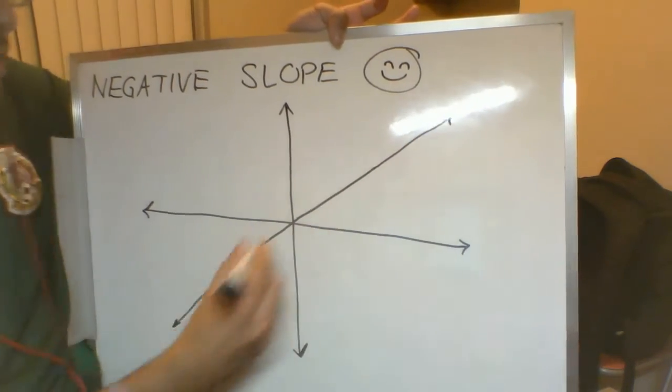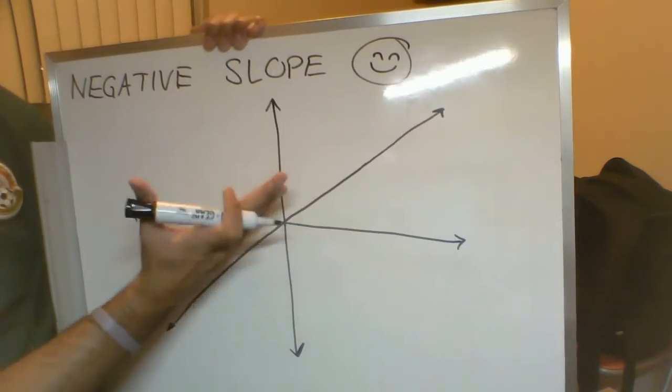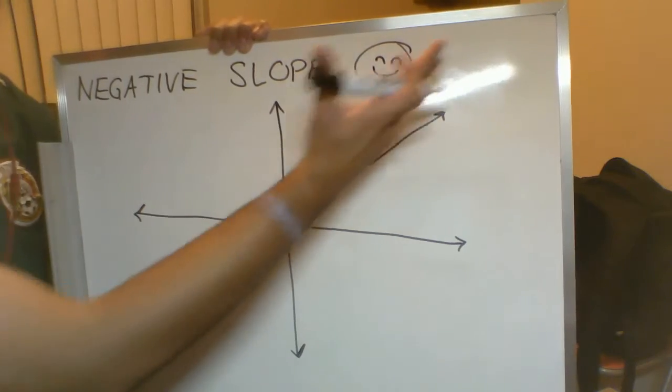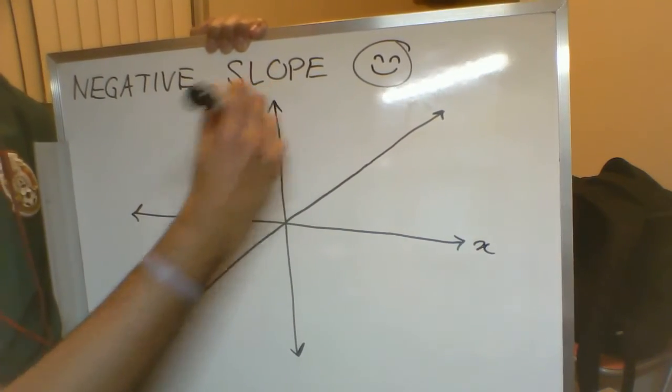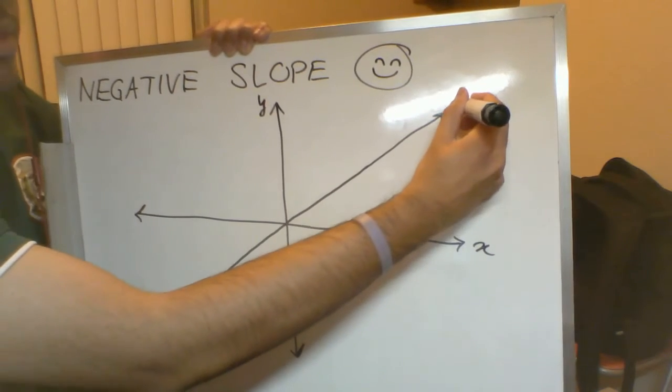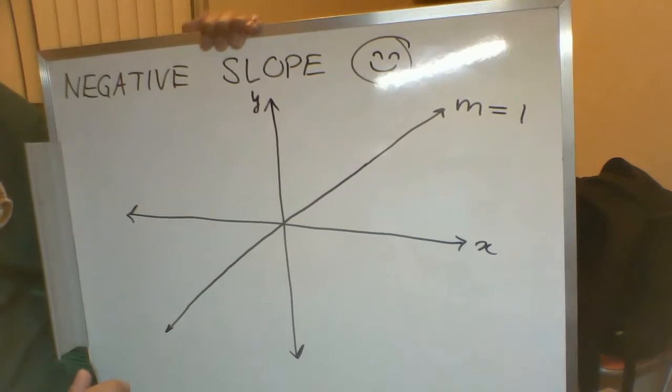We could say this line has a slope of 1, that it's at exactly a 45-degree angle with respect to our x and y axes. And so you could say that here the slope m is equal to 1.